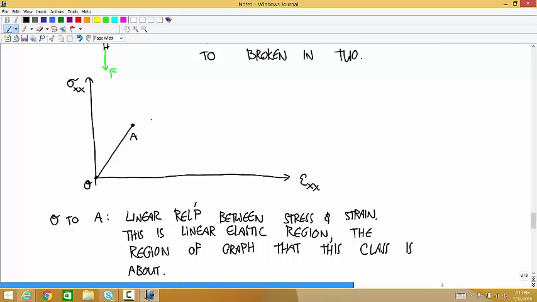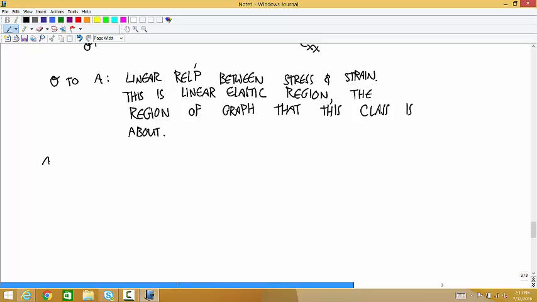Okay, so after that, you lose that linearity. So the graph starts to do this. After A, two things happen. The material no longer has a linear relationship between stress and strain.